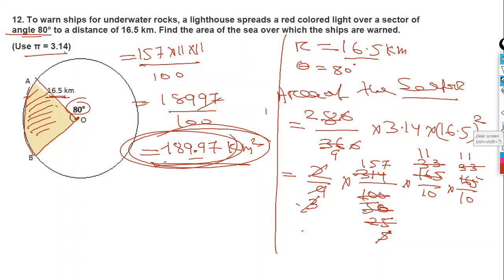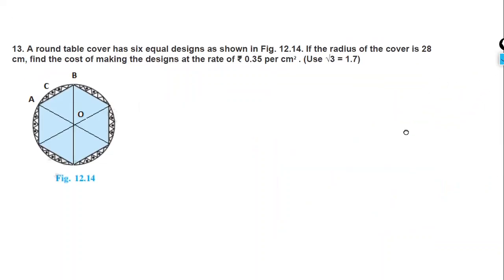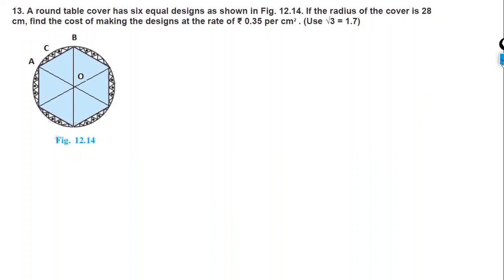Okay, so we'll move to the next one. Question number 13. So let's read it. A round table cover has 6 equal designs as shown in figure 12.14. So here you have a round table cover and 6 equal designs, 1 2 3 4 5 and 6 designs, equal type of designs are there.